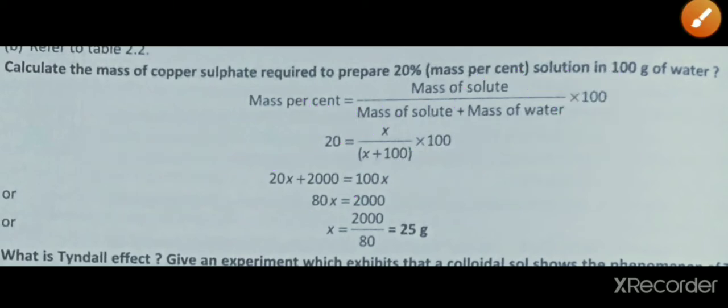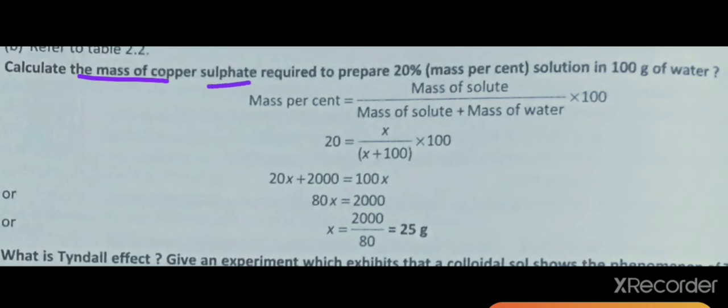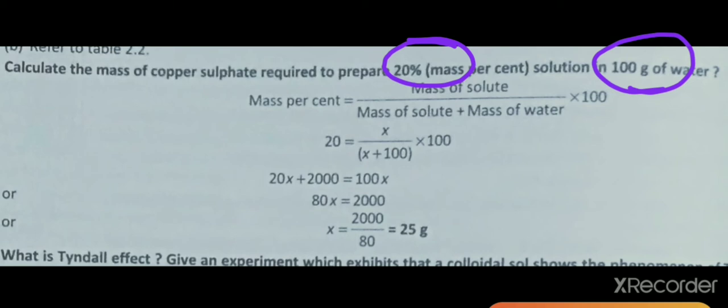Okay, so students, as you can see in this question, the question is quite changed. The question is: calculate the mass of copper sulfate required to prepare a 20% mass percent solution in 100 gram of water. That is, students, if we talk about the given data, the mass percent is 20% and the mass of solvent is 100 gram.